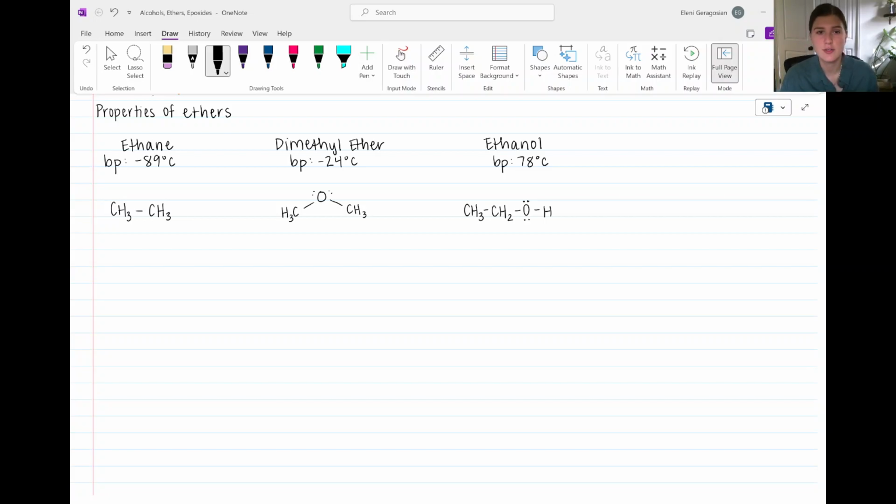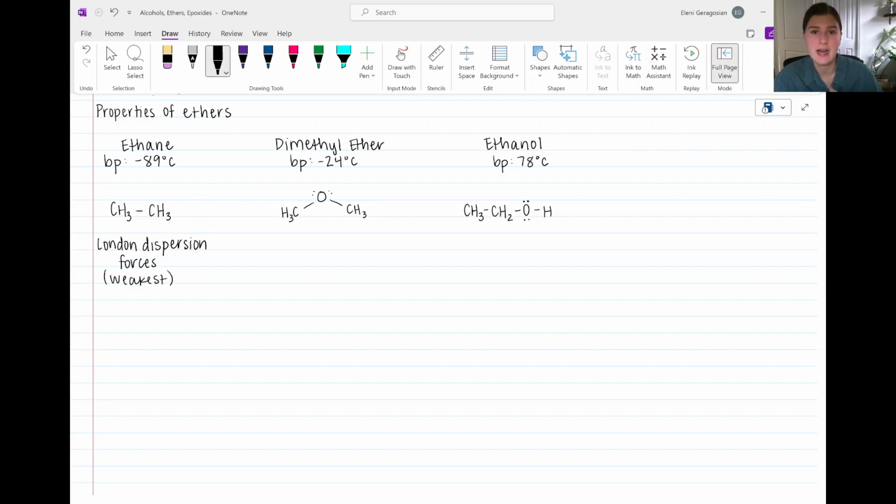The strongest intermolecular force that ethane can exhibit between other ethane molecules is London dispersion forces. And these are the weakest intermolecular forces.